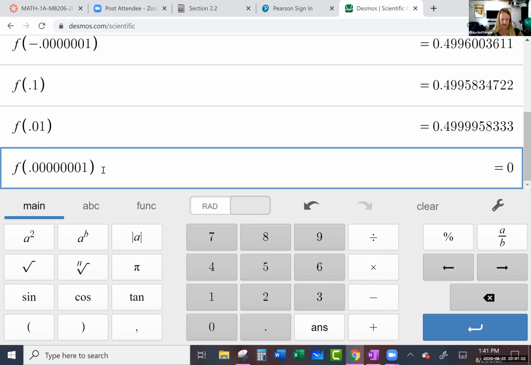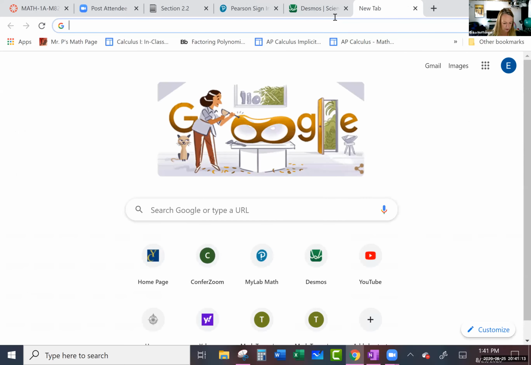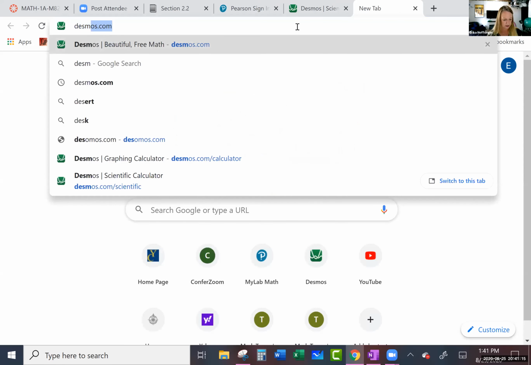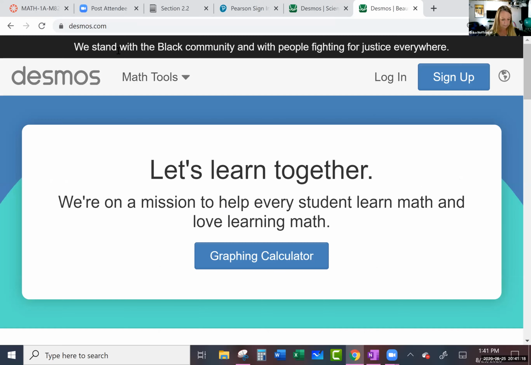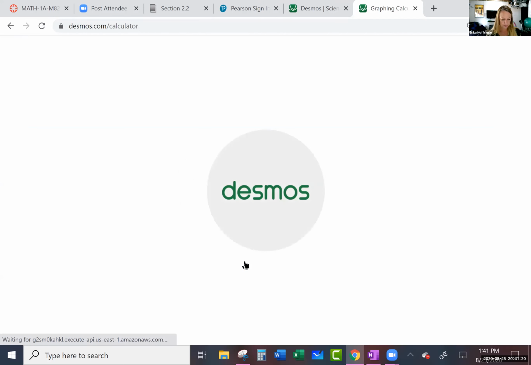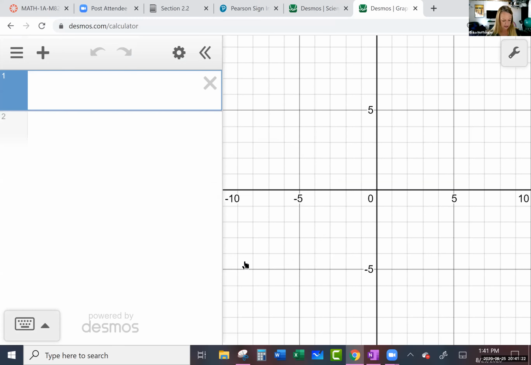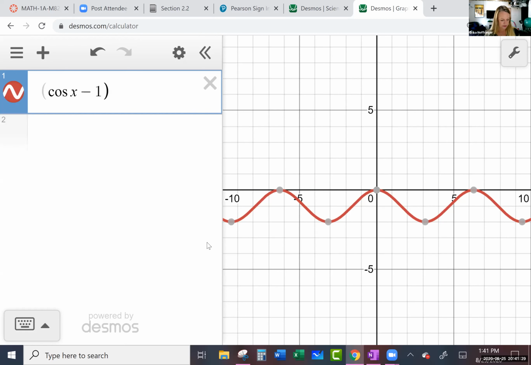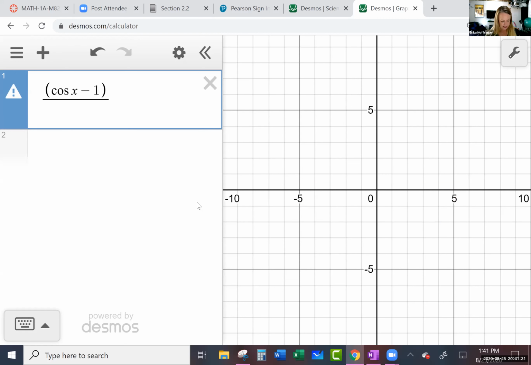So let's look at what's going on graphically and see if we can see it that way, because that was part B of this problem anyways. I'm going to leave that piece in there so we can jump back without having to plug it in again. Okay, so our function, this was the cosine of x minus 1, all in parentheses, divided by x squared.